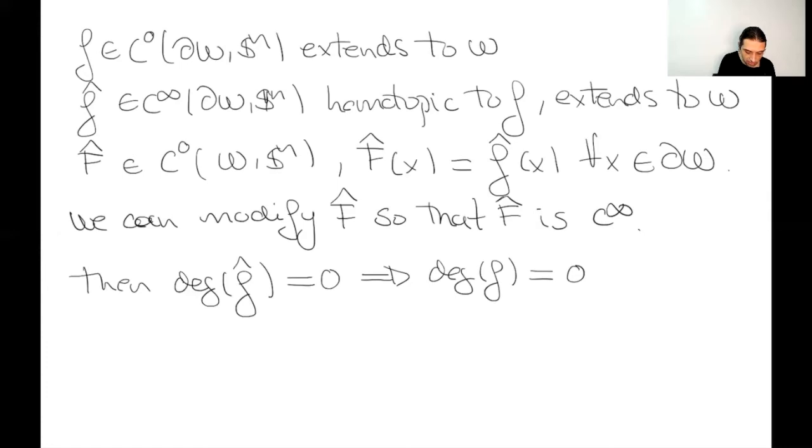Now let us consider the other half of the theorem. So let us suppose that the degree of f is equal to 0, and we want to extend it.